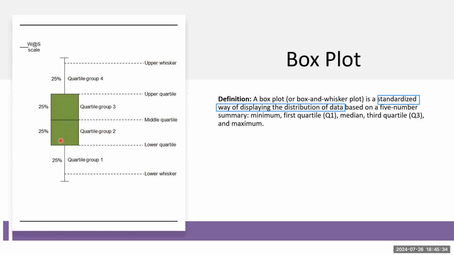This will be combined with this, so this will be 50 percentile. This will be the 75th percentile, because 25, 25, 50, right? And then quartile 4 representing the maximum.